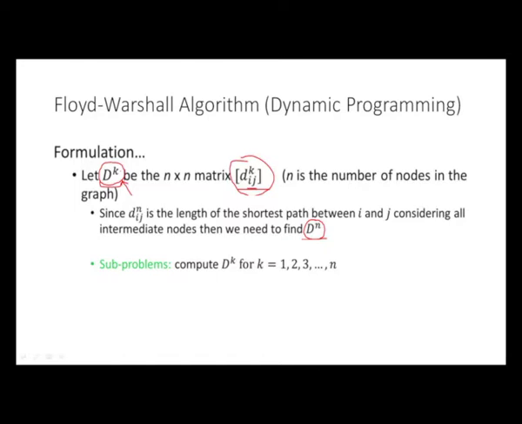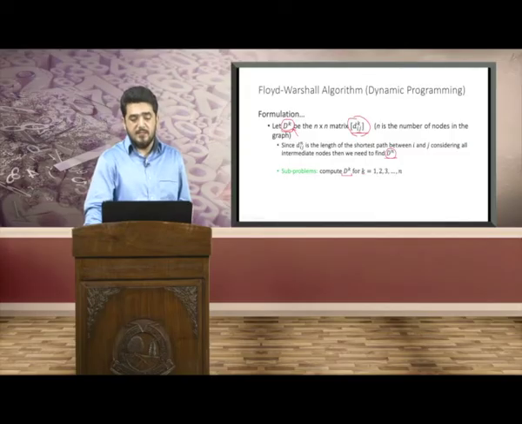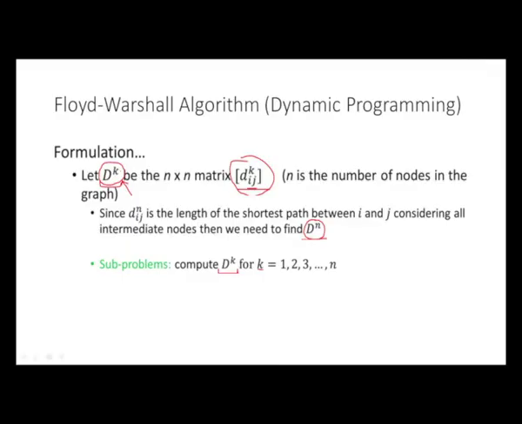So, we can simply design our sub problems something like this: in order to calculate d superscripted by k, for k equal to 1, 2, 3 and so on and so forth, we will use, for example, d1 to compute d2, and use d2 to compute d3, and use d3 to compute d4 and so on and so forth. That is how we will be reusing our previously calculated values, and that is how we will call it a dynamic programming solution to the problem.